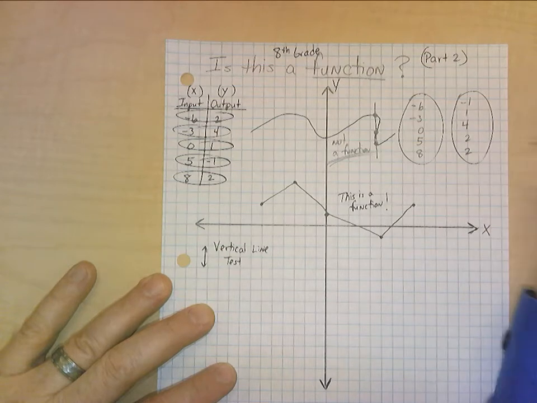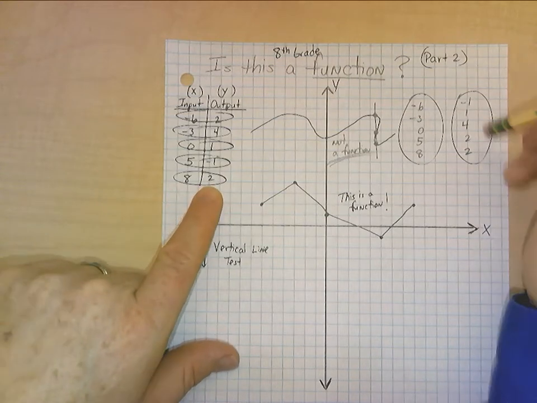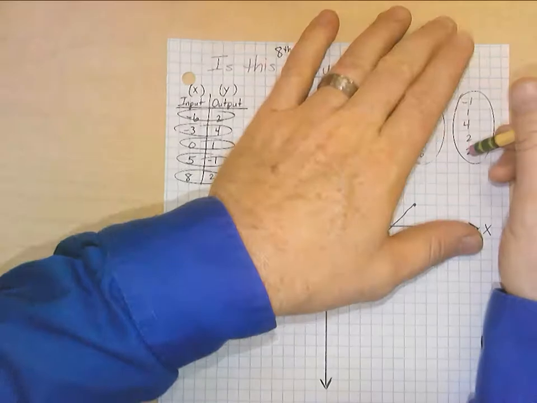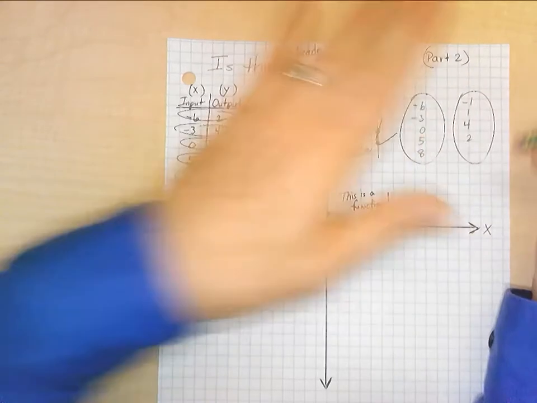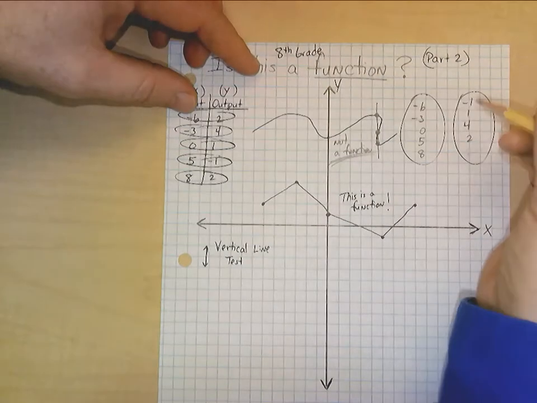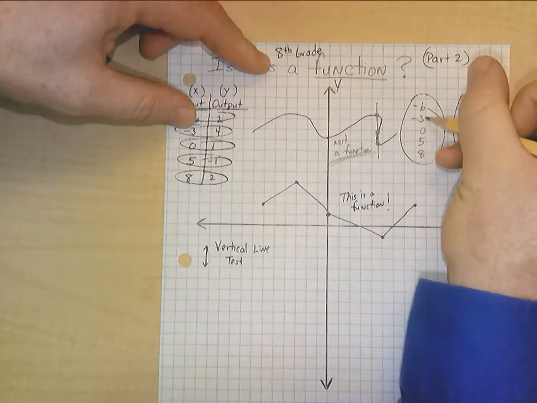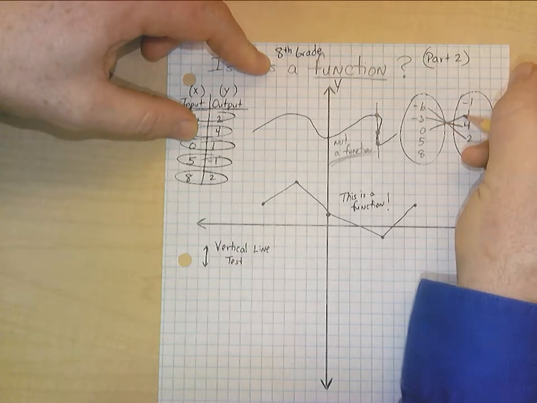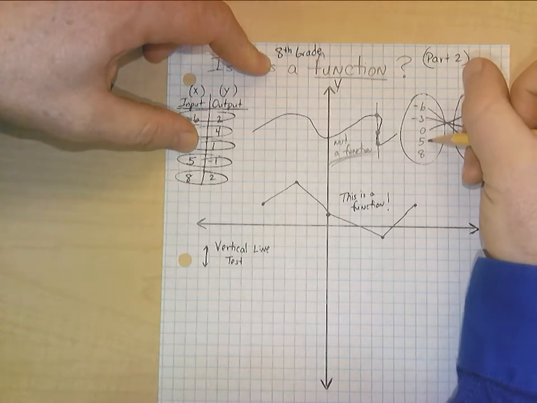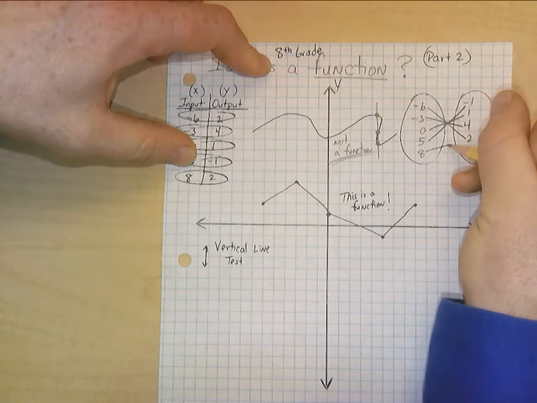Basically, negative 6 is paired with 2. Negative 3 is paired with 4. 0 is paired with 1. 5 is paired with negative 1. And then 8 is also paired with 2.